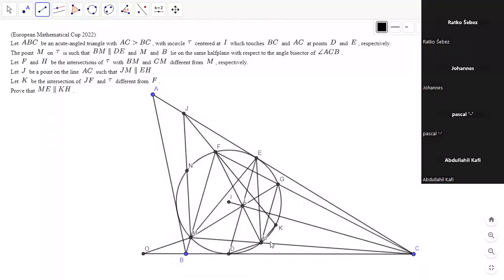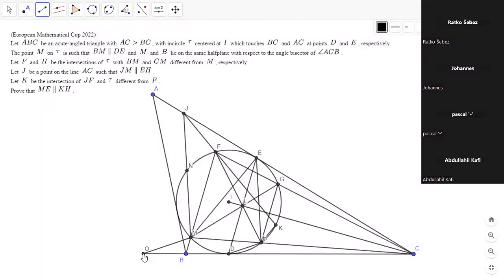Because angle JFM and OMF are equal. And that will finish the problem since I had an angle chase from which this tangency was equivalent to the problem condition, the thing we want to prove. So you can show that JFMO is an isosceles trapezoid.